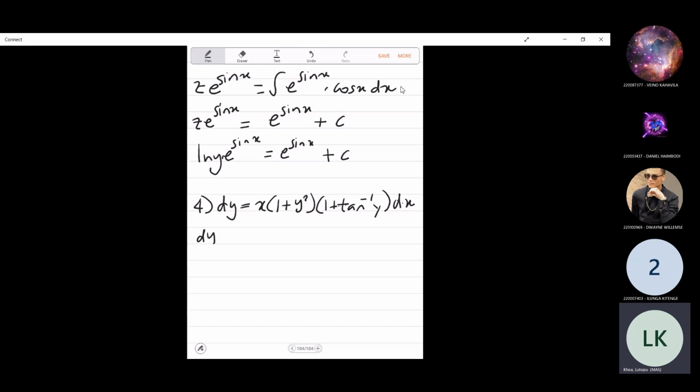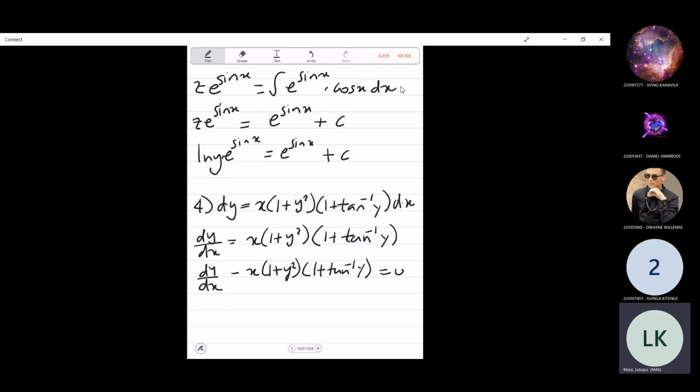So we have dy dx is equal to x, 1 plus y squared, and then multiplied by 1 plus tan inverse of y. Okay, everything can go to one side, so we have dy dx minus x 1 plus y squared 1 plus tan inverse of y is equal to 0.